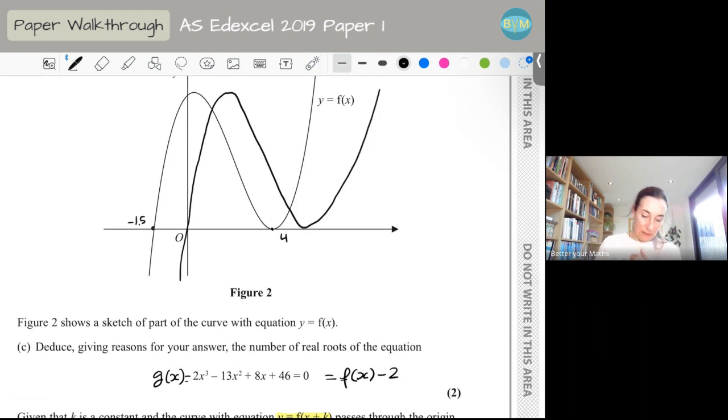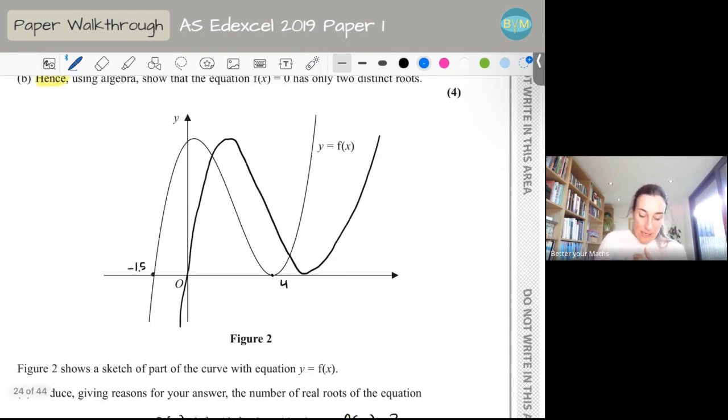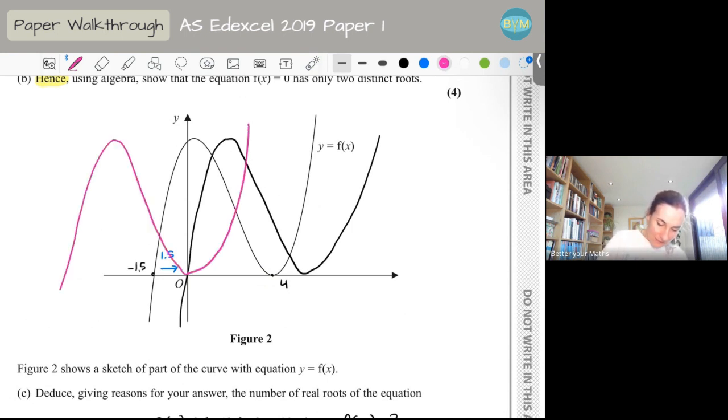I'm not amazing at drawing them. I have moved it 1.5 to the right, and then it passed the origin. Can you see the other option? The other option is moving it left by 4. So this point here goes now to the origin. So I will have something like this going over, this up and then this down.